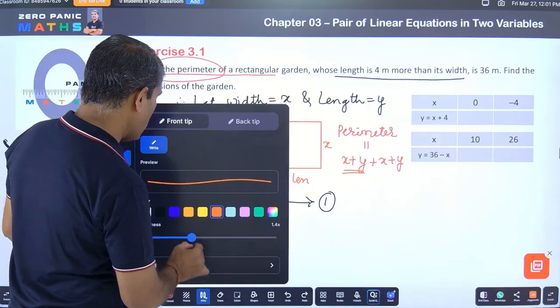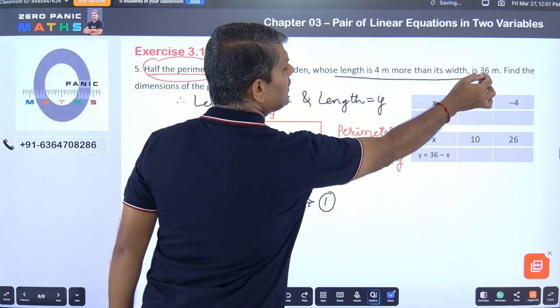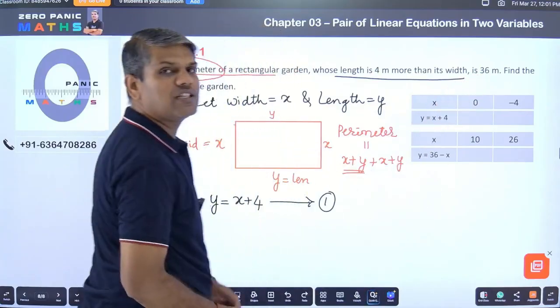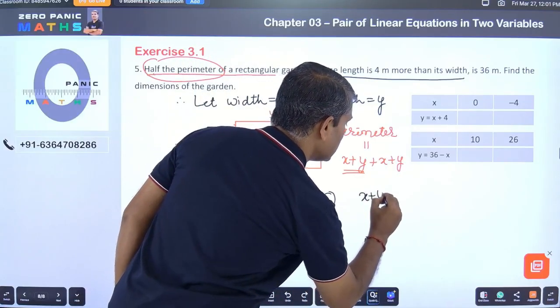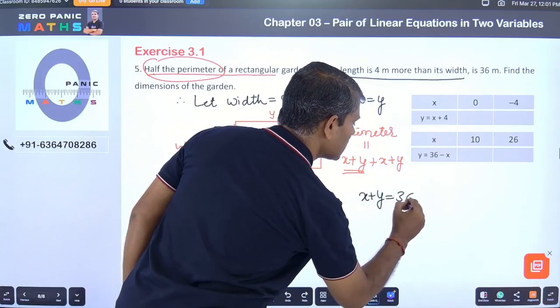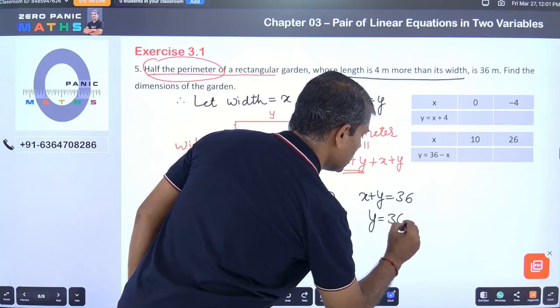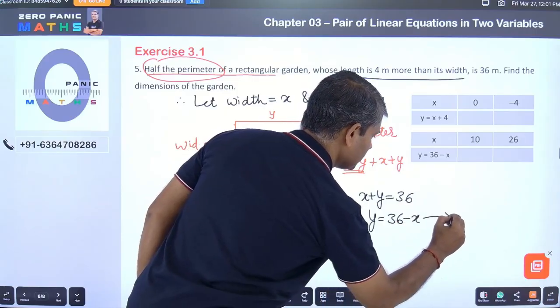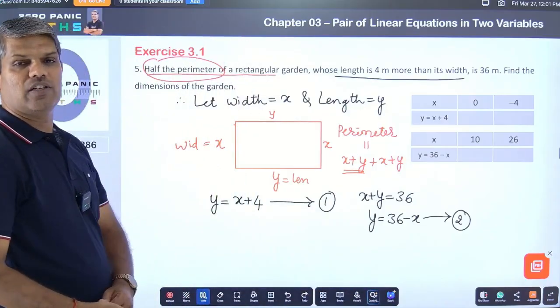Now the second information given is that half of the perimeter is 36 meter. So I can say x plus y is equal to 36, and that gives me the second equation to be plotted, y is 36 minus x.